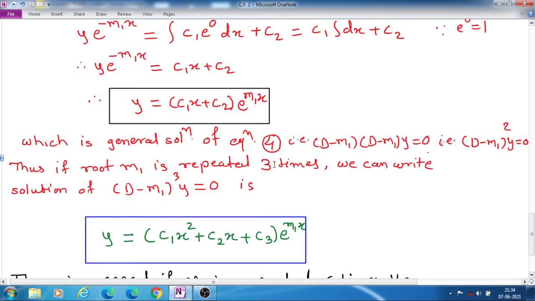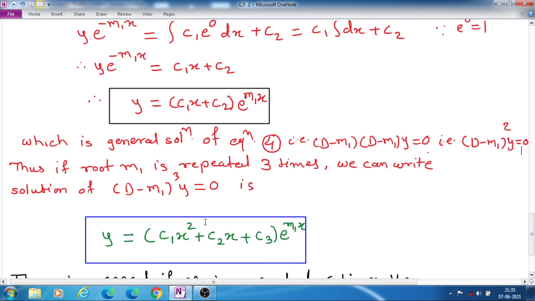So for the repeated root m1 two times, we got the solution as c1x plus c2 e raised to m1x. Instead of writing c1 e raised to m1x plus c2 e raised to again m1x, we write c1x plus c2 or c1 plus c2x, c1 and c2 can be interchanged, into e raised to m1x.